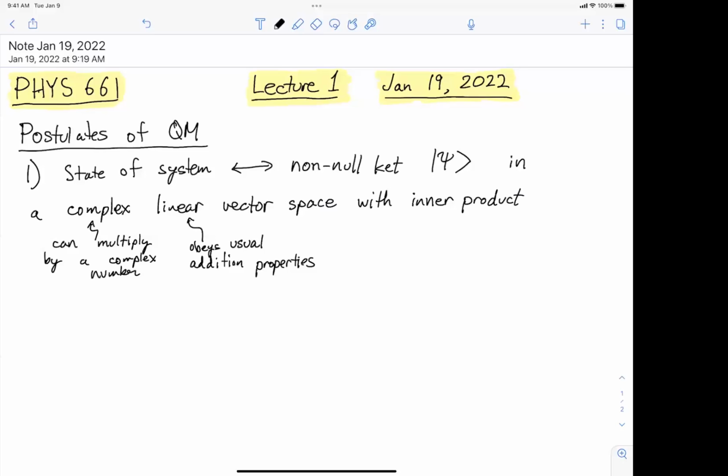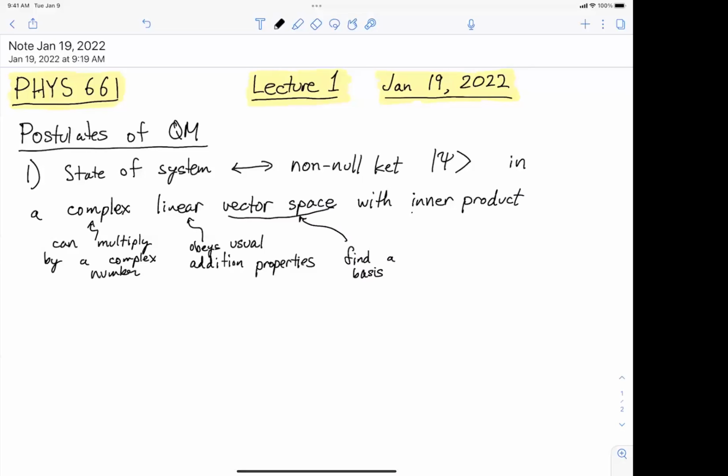And the fact that it's a vector space, among other things, means that you can find a basis. That is a set of vectors that you can build any other vector out of by adding them together.